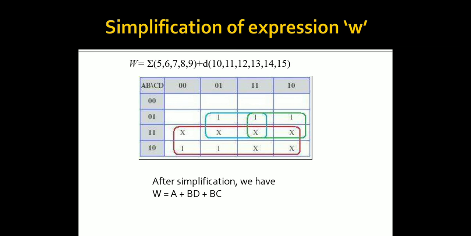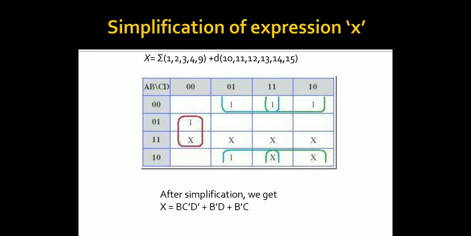Similarly we can simplify X, where X equals the summation of 1, 2, 3, 4, 9, and again don't care of 10 to 15. After grouping we see that the result for X is B C bar D bar plus B bar D plus BC bar.